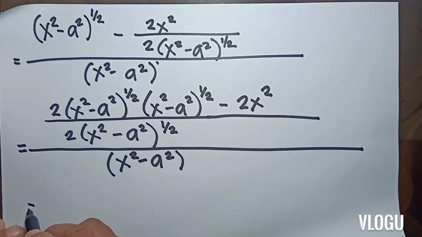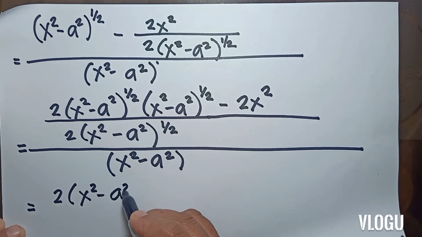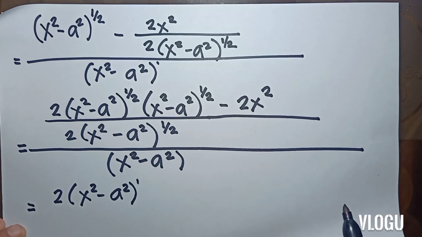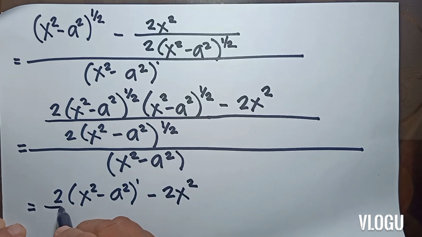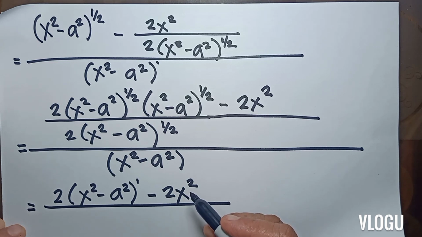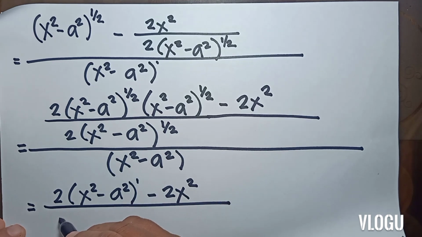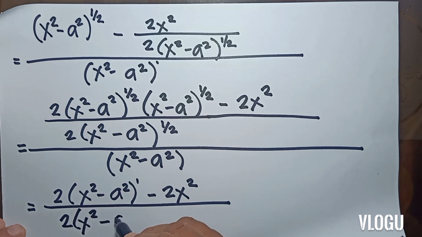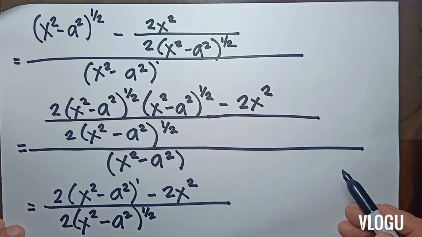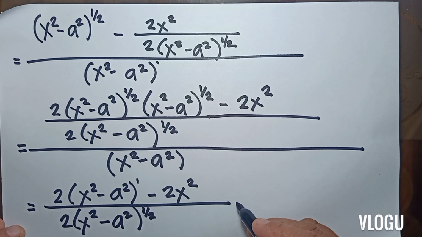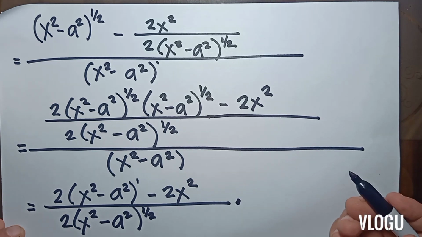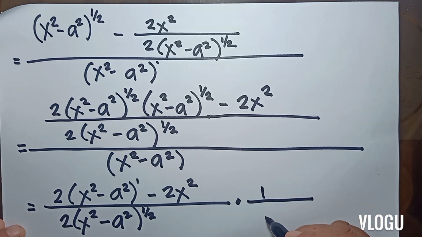That's the reason we have 2 times x squared minus a squared raised to 1, because 1/2 plus 1/2 is equal to 1, minus 2x squared, over 2 times x squared minus a squared raised to 1/2 times 1 over x squared minus a squared.